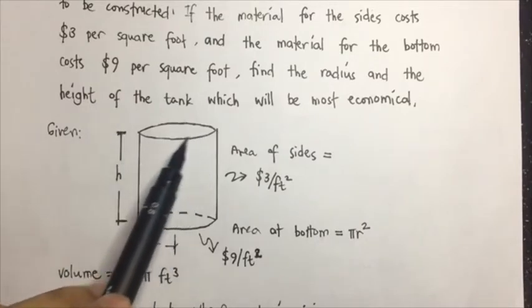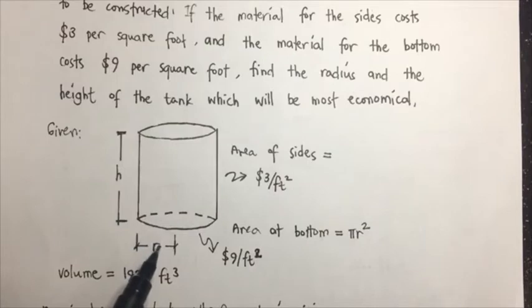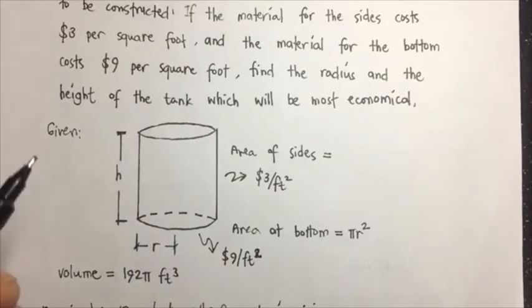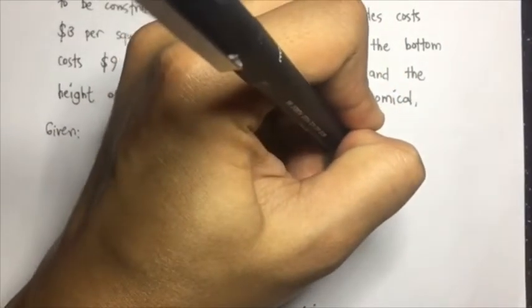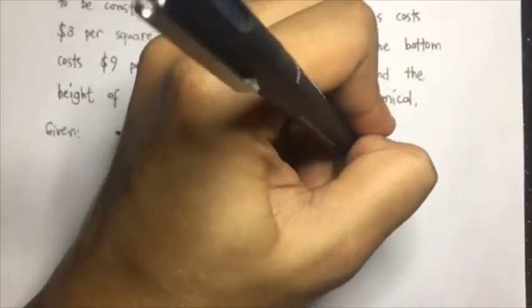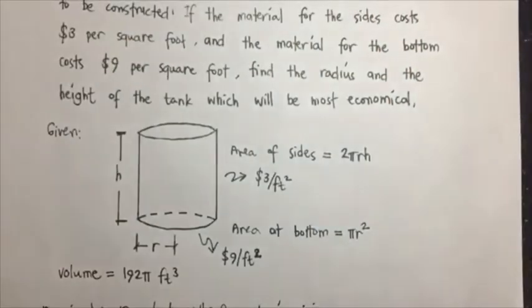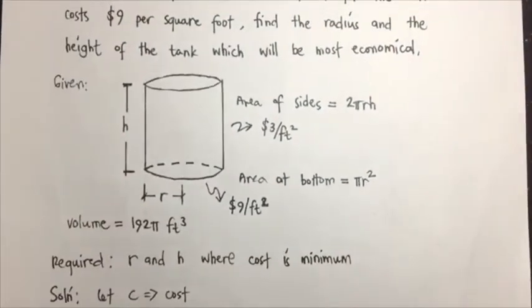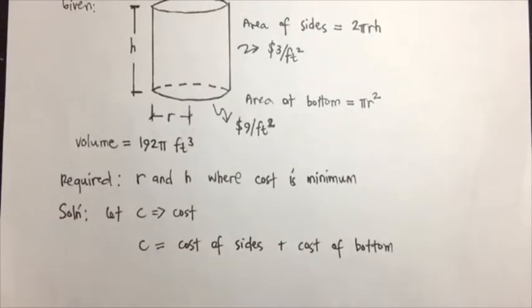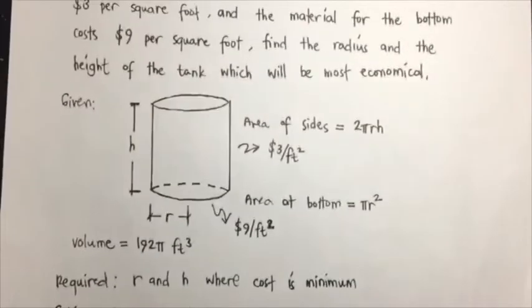The circumference is 2 pi r, multiplied by height. So therefore it's 2 pi r h.